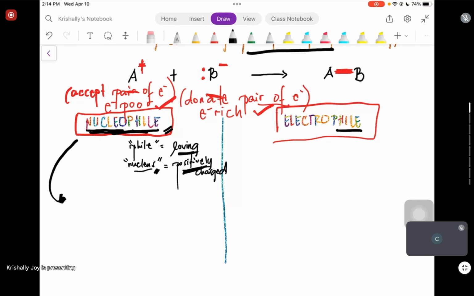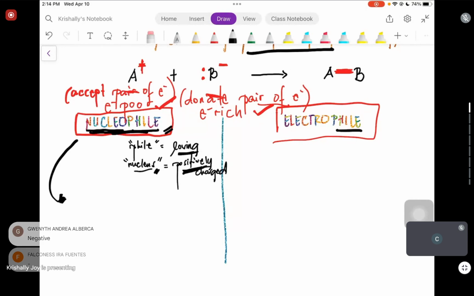You can make use of the chat box, using the sign plus or minus. What do you think is the nature of a nucleophile? Why is it attracted to positive? Correct. The nature of a nucleophile is that it is negatively charged. So that's the reason behind it.